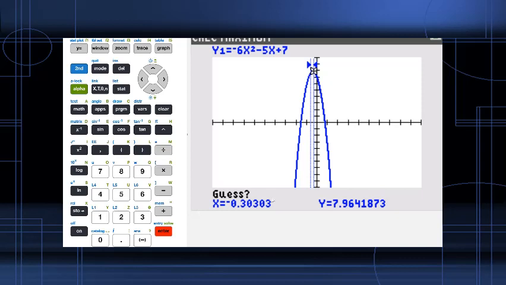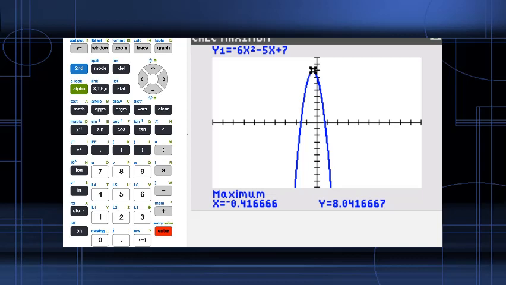And now you see it says guess. It's going to guess at this extrema, and I'm going to hit enter for that. Okay, so then it says that it looks like we've got an absolute maximum where x is equal to, to the nearest hundredth, negative 0.42, and at that point y would equal, to the nearest hundredth, 8.04.